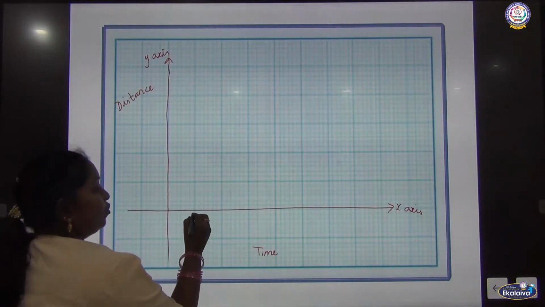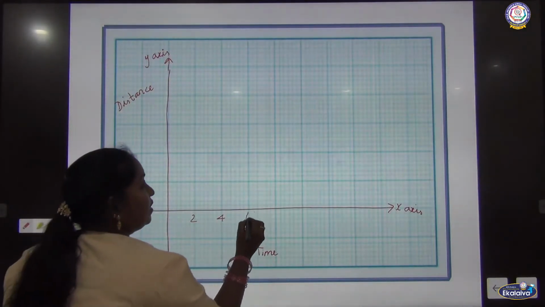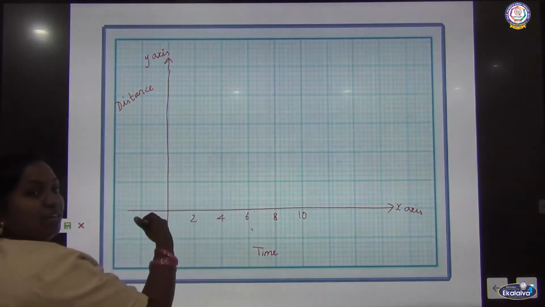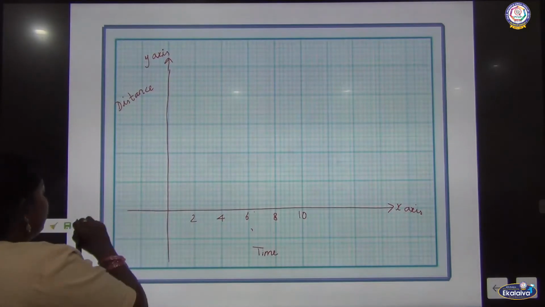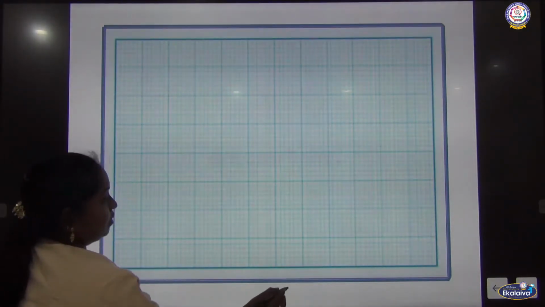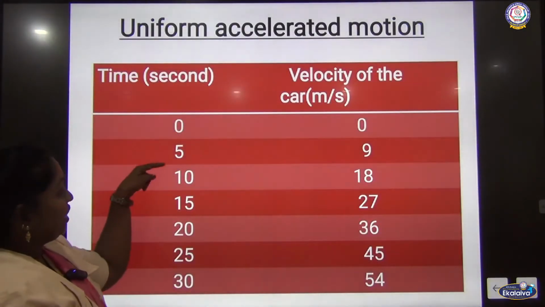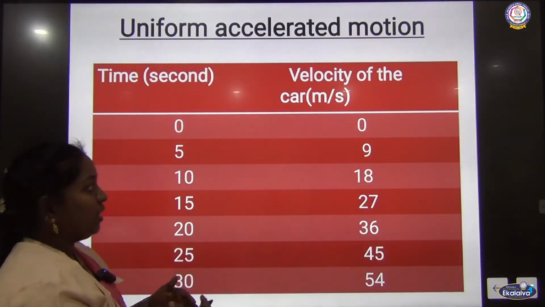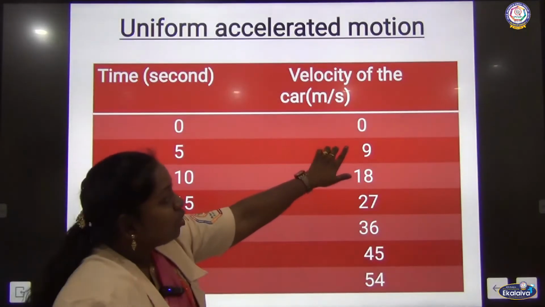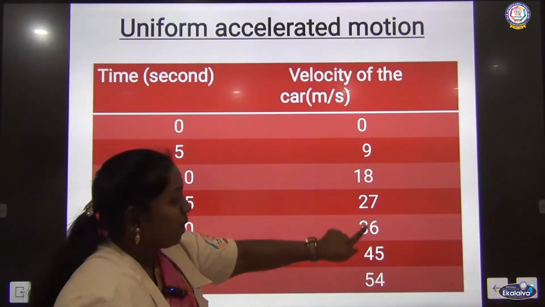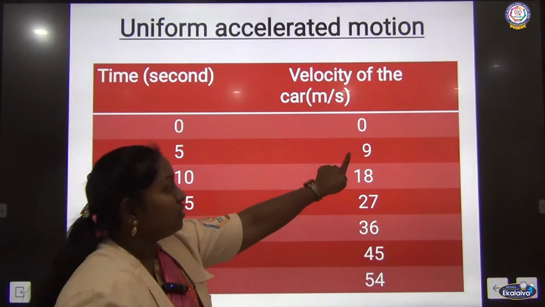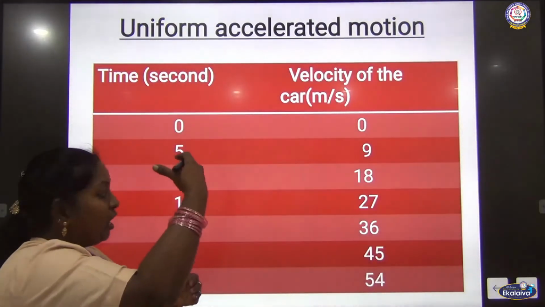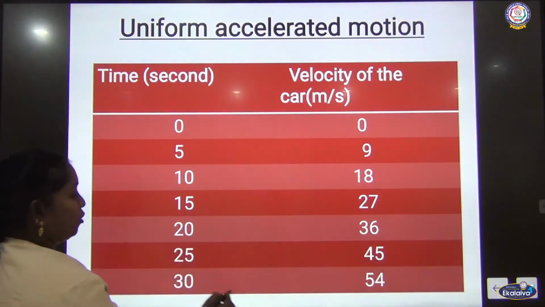Now take values 2, 4, 6, 8, 10. Here you take the values of the velocity. See here, you have to check the minimum value and the maximum value. You start with the minimum value 9 and go up to 54. So you can take 5, 10, 15, 20 likewise.